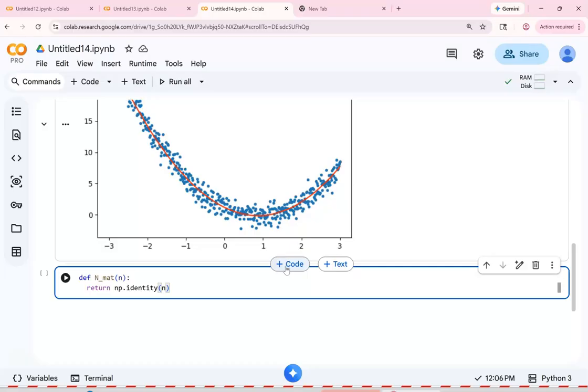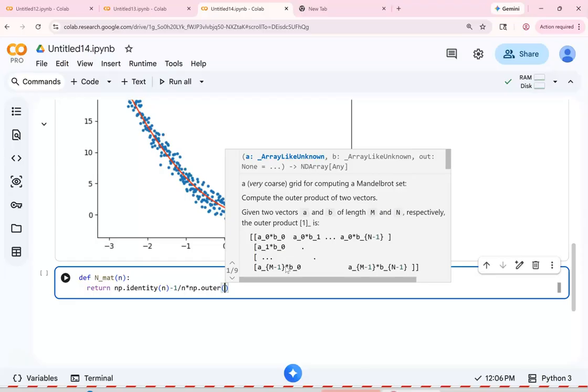np.identity creates the n by n identity matrix in NumPy. There are two ways that you can do this next part, and it really doesn't matter which way you do it because it's equivalent. One way is to do np.outer, because that was the outer product that I told you before.